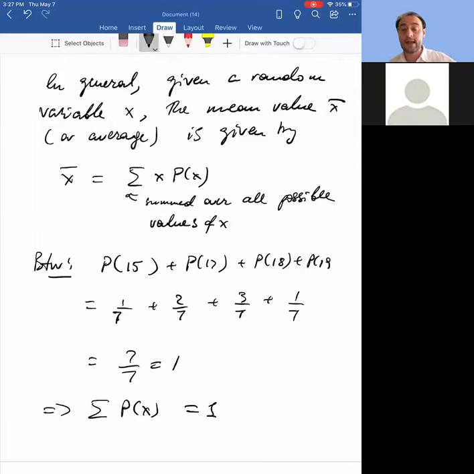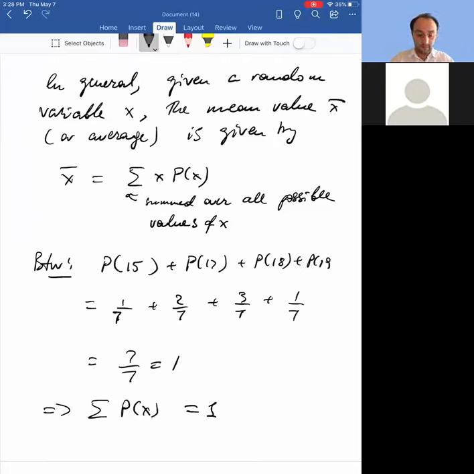Okay, so in 14.2% of the cases, it will be a person of age 15. In 28.5% of the cases, it will be a person of age 17.